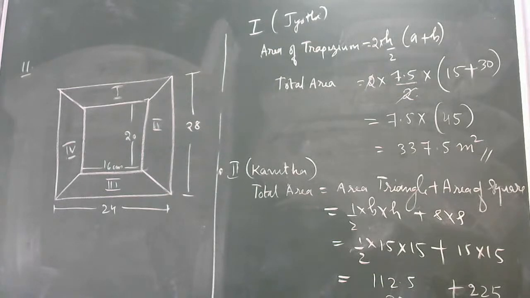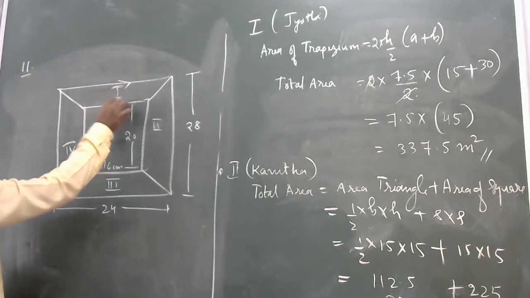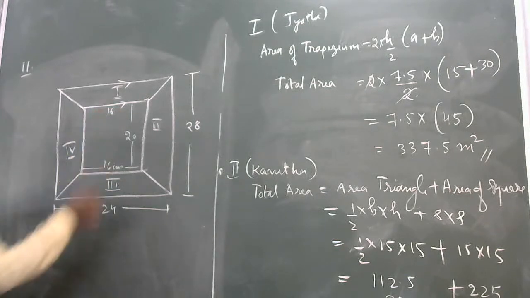So if you want to find the area of the first part, it is in the shape of a trapezium. And if it is a trapezium, what do we need to find the area? Height, a and b, where a and b are the lengths of parallel sides. This and this are parallel sides. This we know is 16 and here it will be 16.